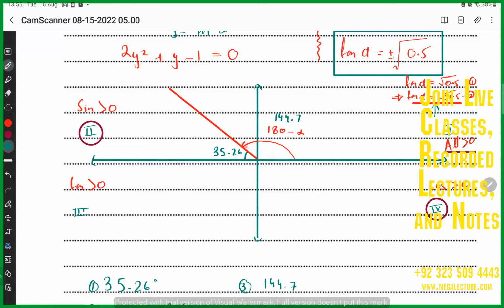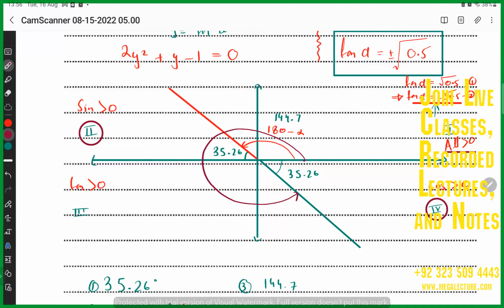144.7. And for the fourth answer, now I need to find the angle in the fourth quadrant. This is the line. Again, the basic angle is the same, 35.26. And how do we find the angle in the fourth quadrant? So I will start off from here, I'll go all the way like this, and I need to stop here.